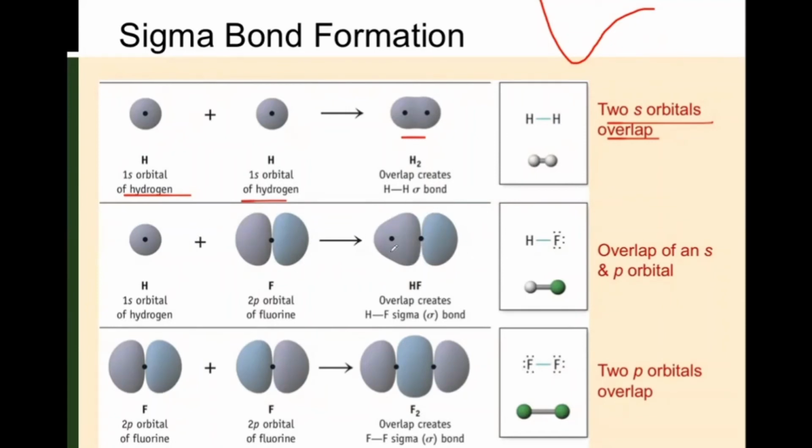And so they can overlap and form a bond like this. So here we have an overlap of an s and p orbital. Now these are quite straightforward examples, because the internuclear axis happens to lie exactly along the HF bonding axis. There's no real ambiguity here.